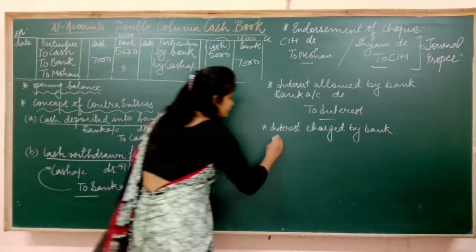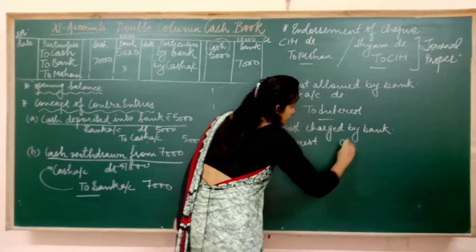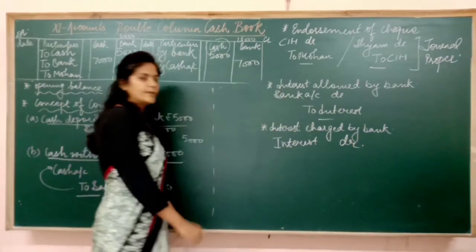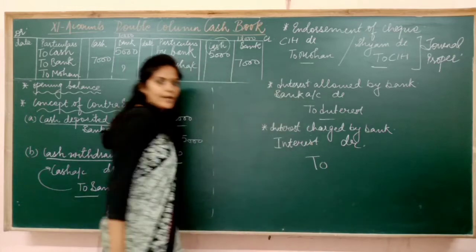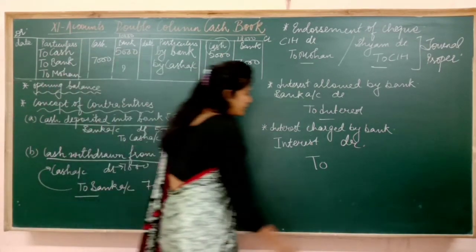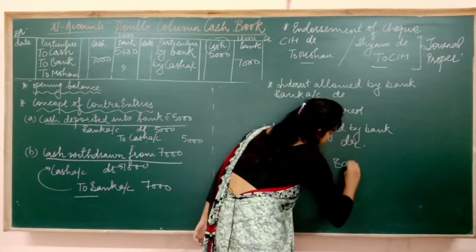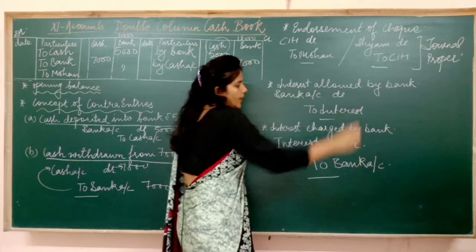So it means you have to pay this interest. That becomes an expense for you. Money will go from your bank account. Your bank account will become the giver. So credit the giver. So entry will be interest account debited to bank account.